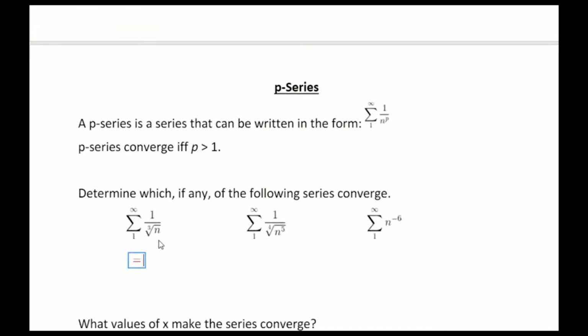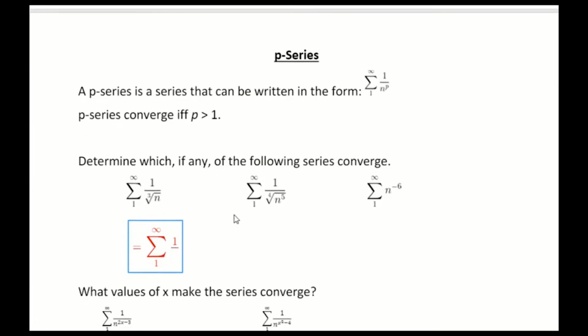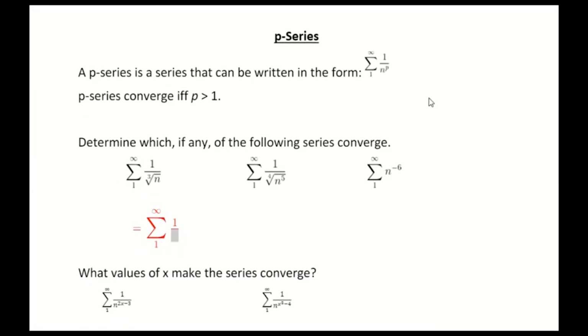We can say that this is going to be equal to 1 over the cube root of something. We're really using a lot of exponent rules today, I just noticed.